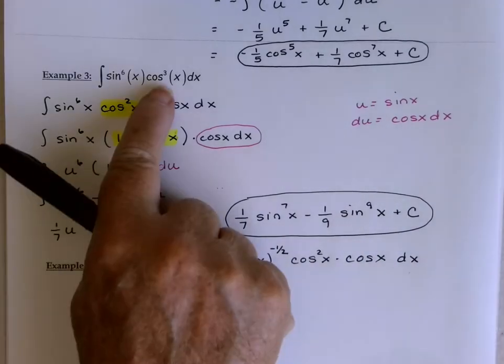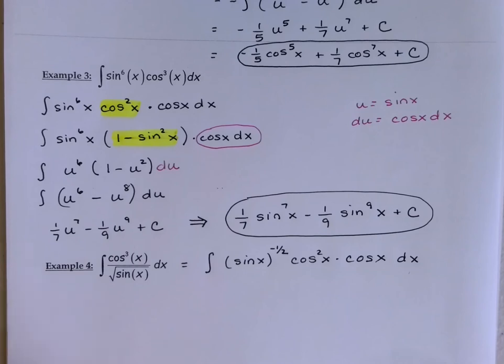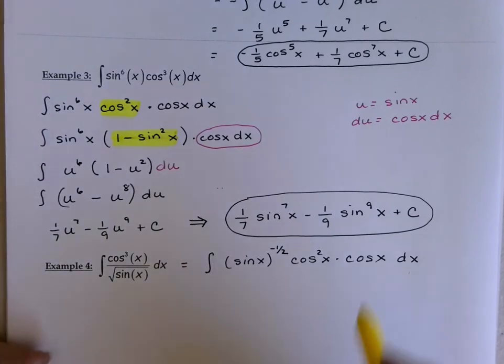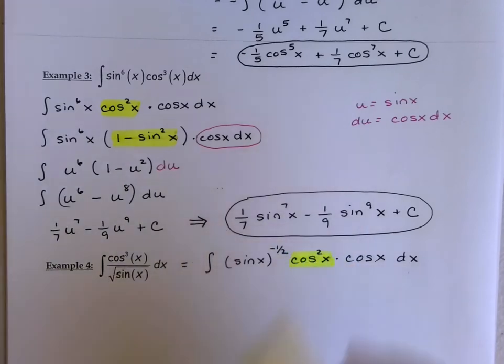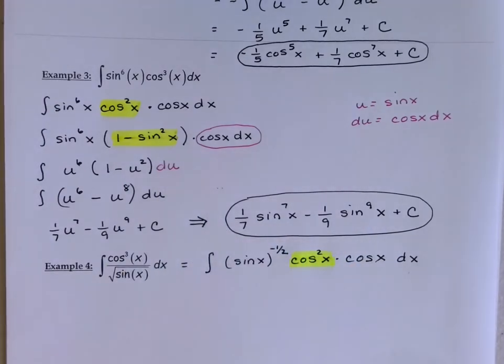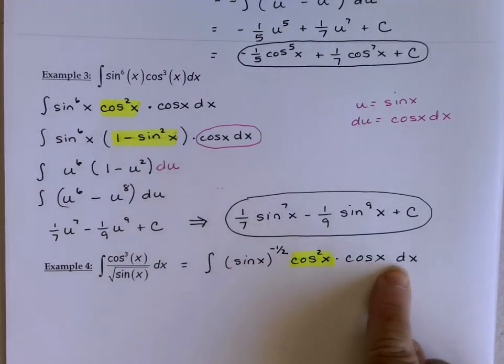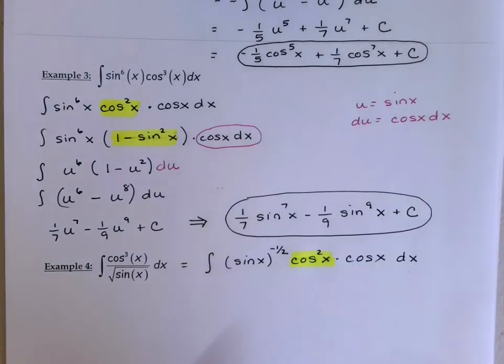Just like the last time with an odd power on the cosine, I want to turn everything into sines. So I'm going to replace this cosine squared with 1 minus sine squared. The only exception is that split off cosine that I'm saving to be the du.